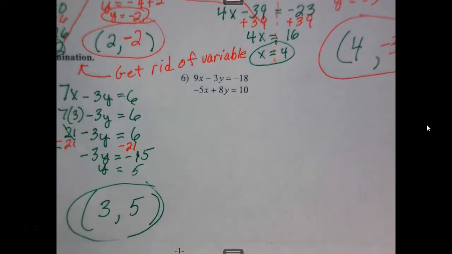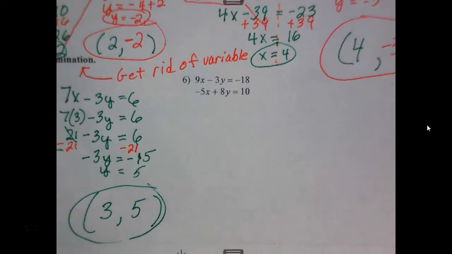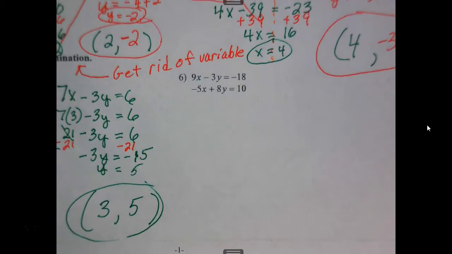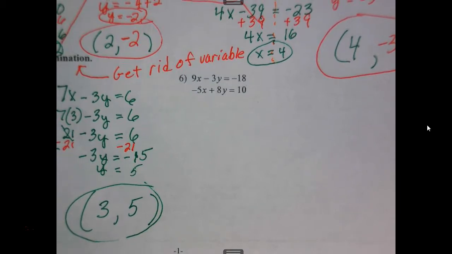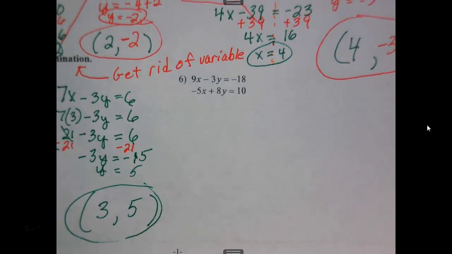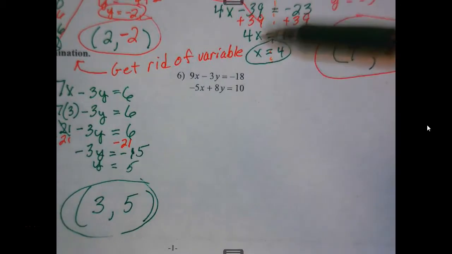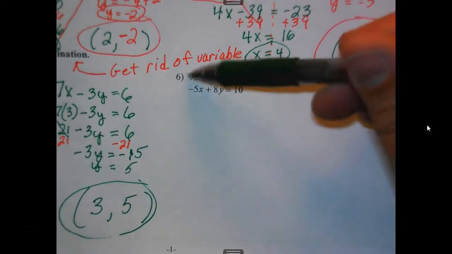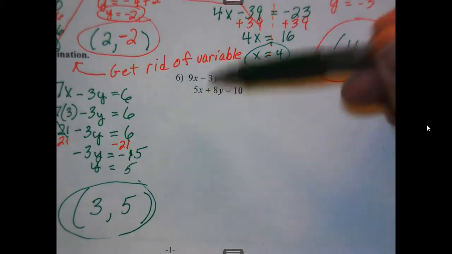Okay, which one do you want to get rid of, the x's or the y's? Any particular reason? Why? Okay, so you're right. It's not going to matter which one we get rid of on this one, because both of them have opposite signs.